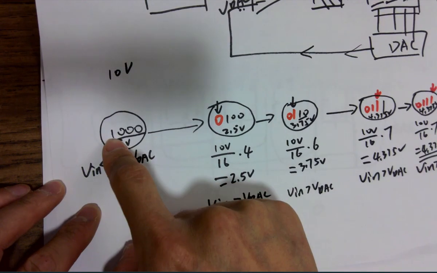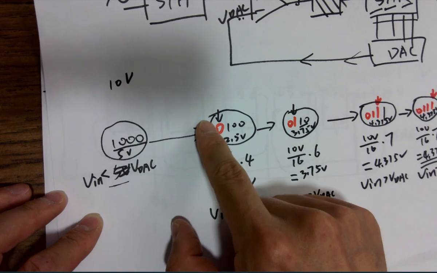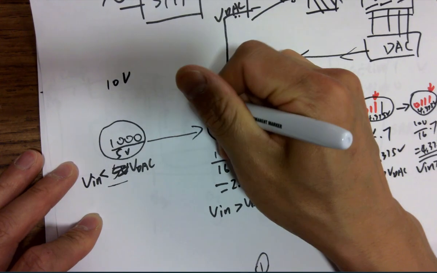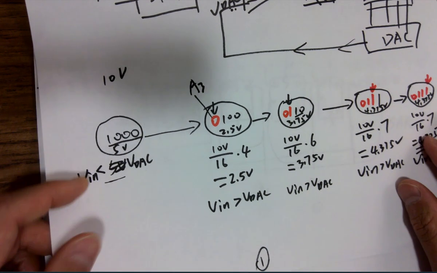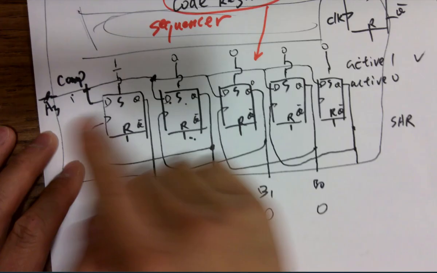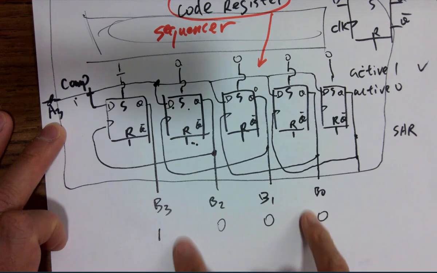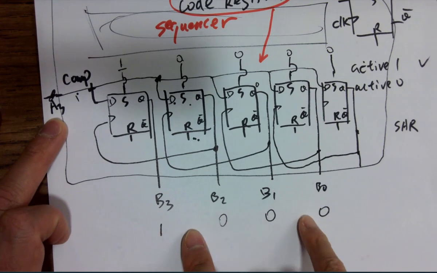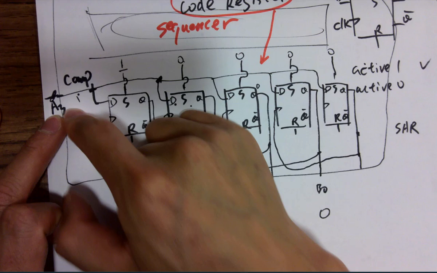Because the first initial state is also being compared and giving you an output, which is A3 over here. This is A3. Okay, so that result already appears here because it's being compared with this initial value, and it's giving you this result. And now my goal is to register this guy to here.